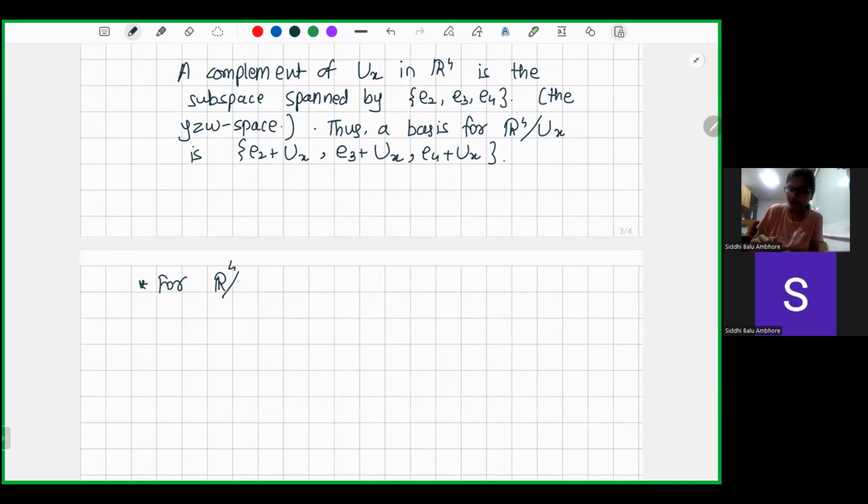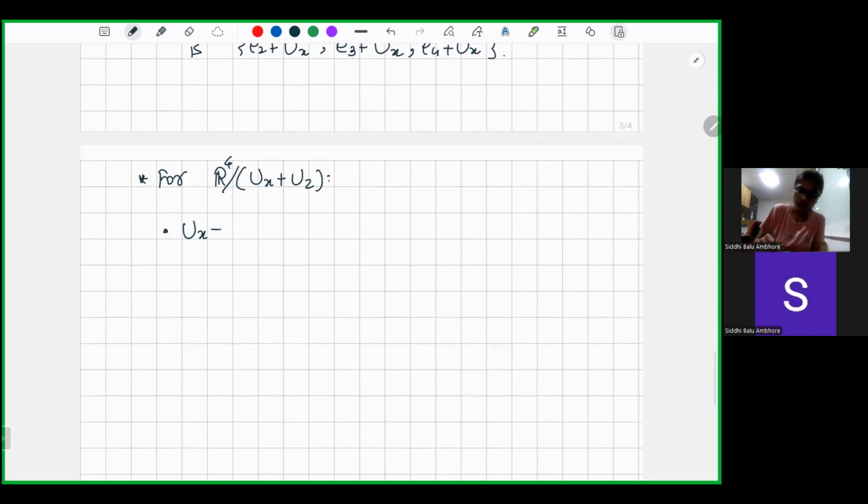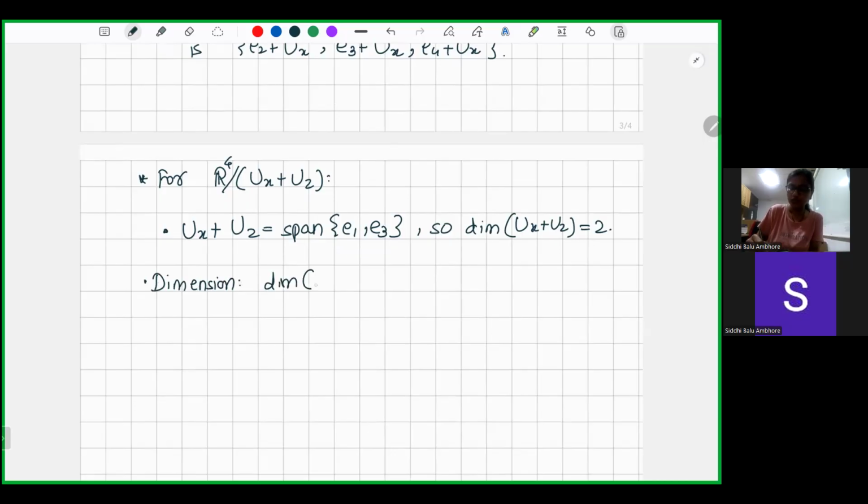And now for the third part, that is for R4 quotiented by Ux plus Uz. Okay, so Ux plus Uz is the span of e1 comma e3, and so the dimension of Ux plus Uz is 2, and therefore we have the dimension of the quotient as the dimension of R4 quotiented by Ux plus Uz is equal to the dimension of R4 minus the dimension of Ux plus Uz.